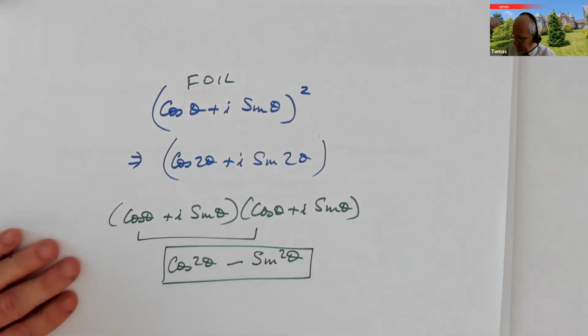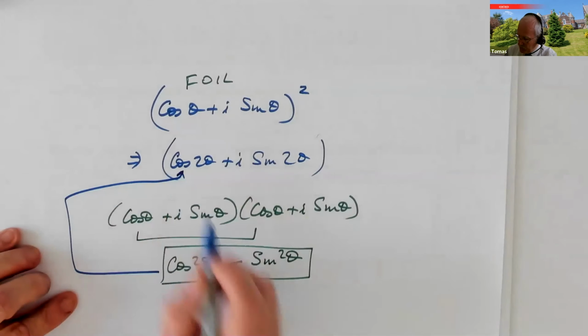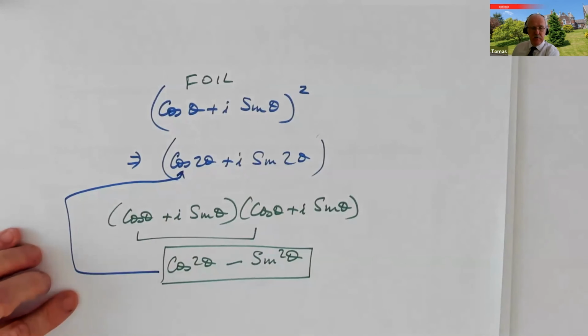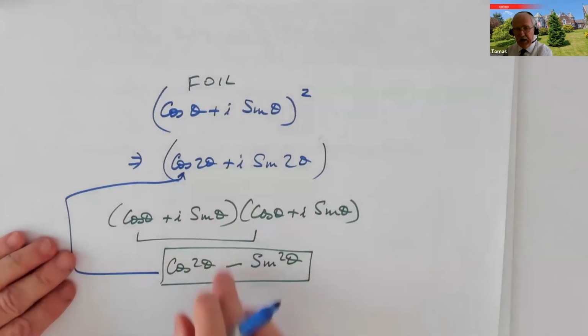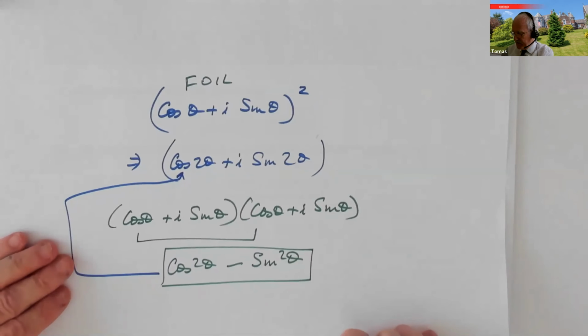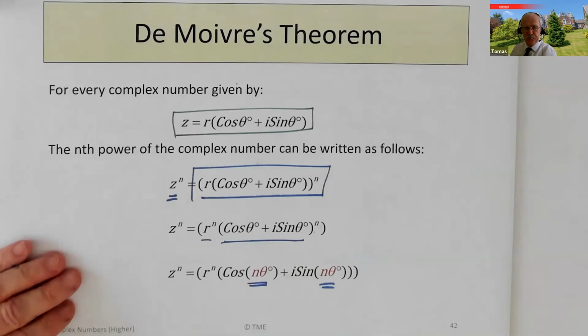What we would find is that the real part, cos 2 theta, was given as cos squared theta minus sine squared theta. And that's where all of these formulae that we have in the trigonometry section came about.